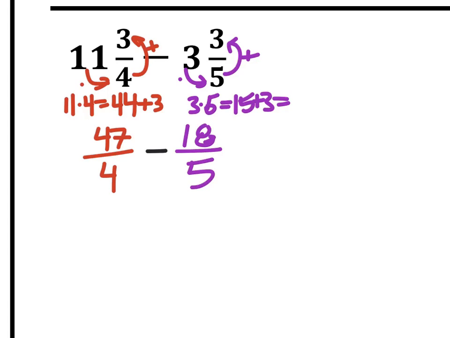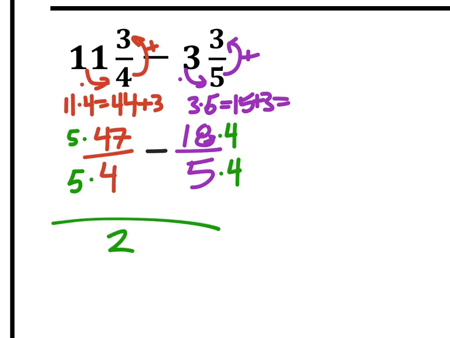Now from this, just like we would need to if we were using the second method, we'd need common denominators to subtract those fractions. And it looks like for 4 and 5, again, you could look deeper into it, but I'm just going to use the quick method by multiplying each fraction by the other or opposite fraction's denominator, which is going to give us an automatic common denominator, in this case of 20.